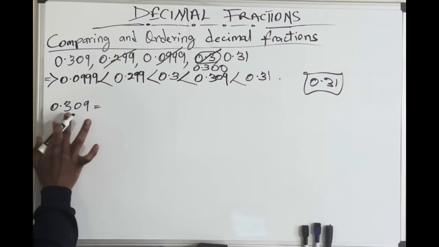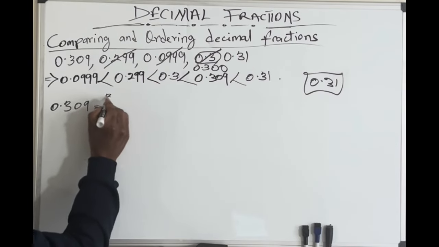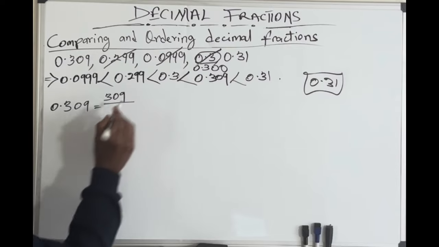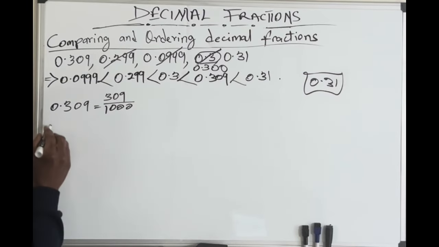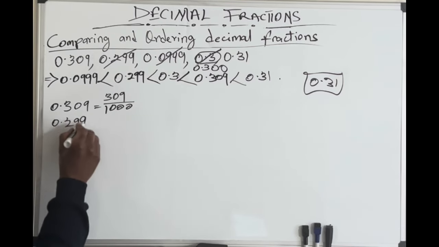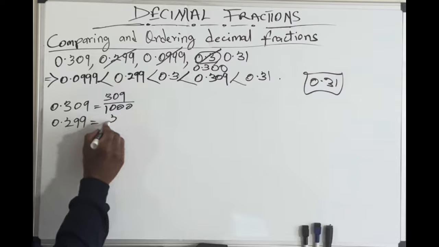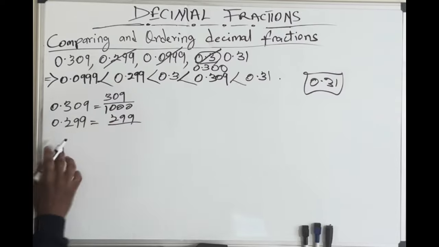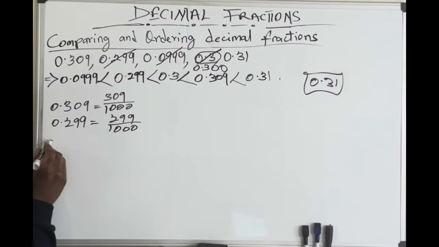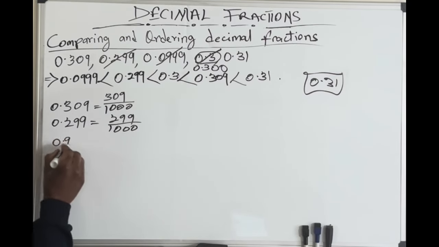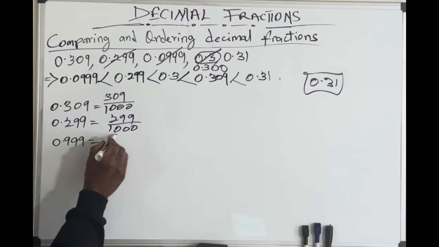Now we have to change them to division way. So 0.309 can also be written as 309 over how many zeros? 1, 2, 3. Then 0.299 can be written as 299 over how many zeros? 1, 2, 3. Then 0.0999 can be written as what?